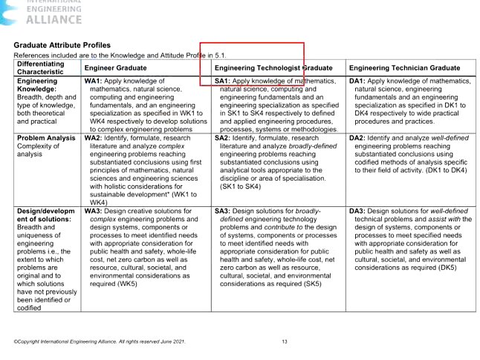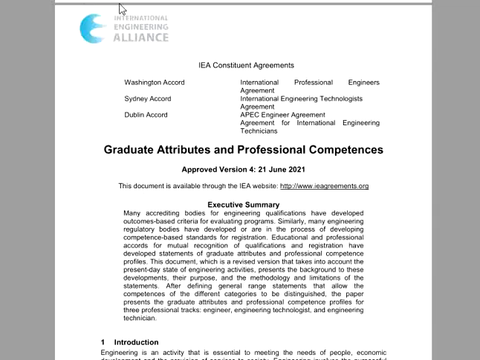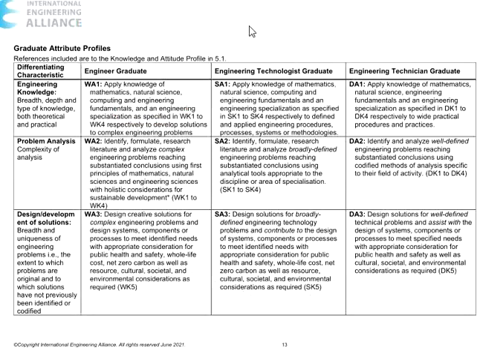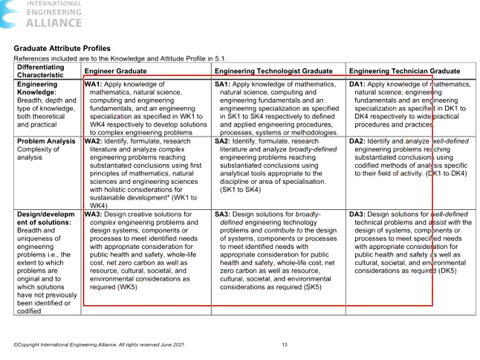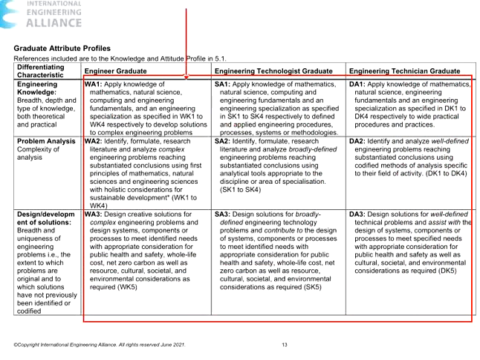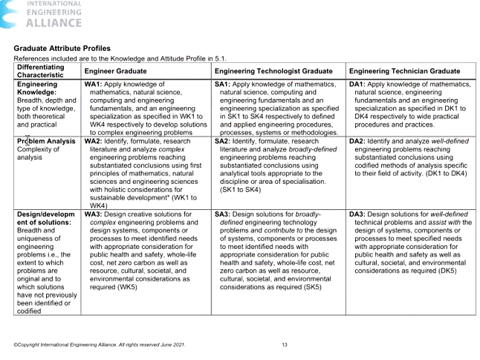For engineering technology programs, it is the Sydney Accord. Whereas the Dublin Accord is meant for engineering technician programs. They have outlined the graduate attributes for different categories. You will see differences in terms of the expectations from different programs.